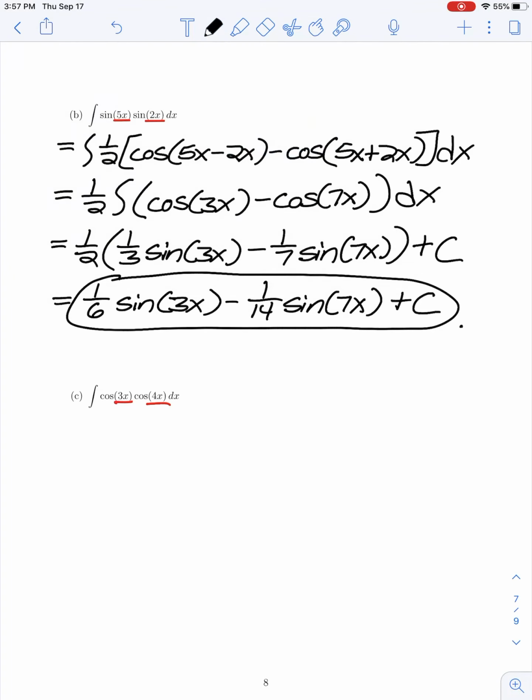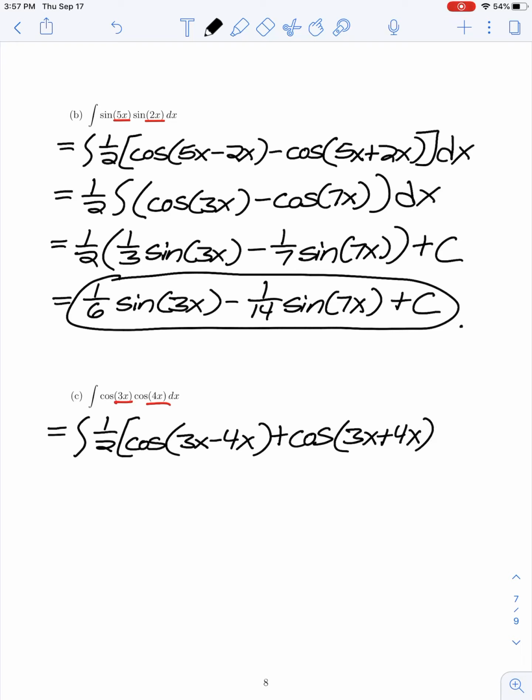Again, making use of a trig identity for a product of two cosine functions, we could rewrite this integrand as 1/2 of cosine of a minus b, so here 3x minus 4x, plus cosine of the sum 3x plus 4x, dx.